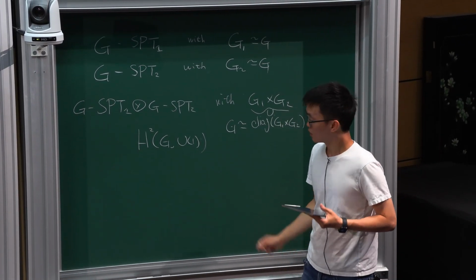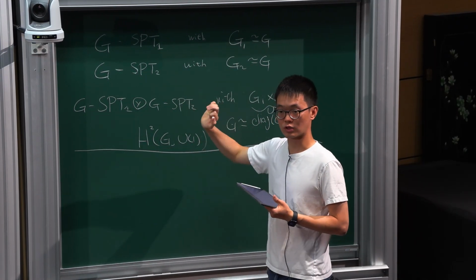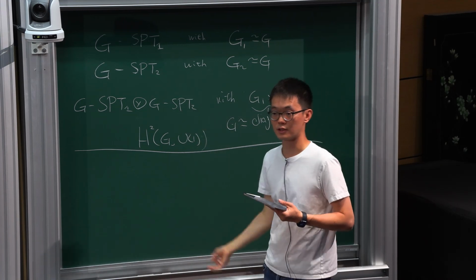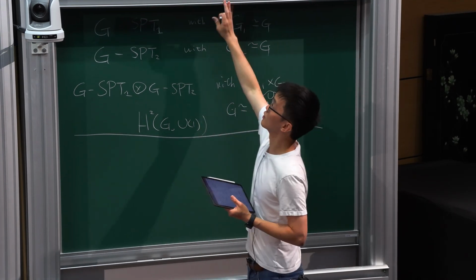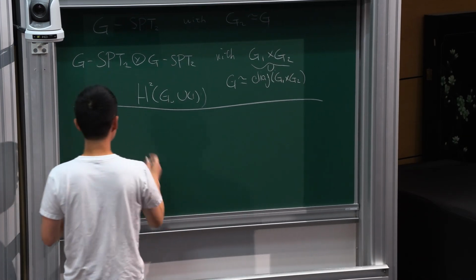However, this stacking operation, or this additive structure, doesn't generalize to non-invertible SPT. That's one important distinction between the invertible SPT and the non-invertible SPT, and we can see that very easily.